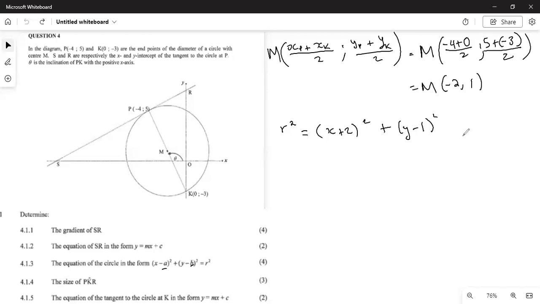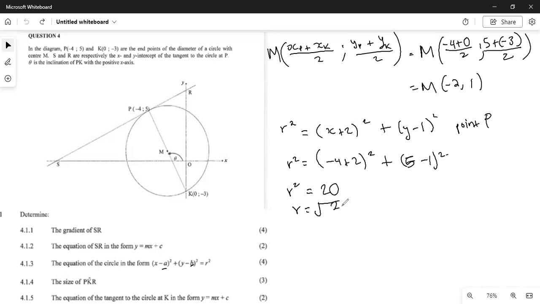Then we'll go ahead and substitute in the point P. So we have (-4 + 2)² plus (5 - 1)², and this would give us 20. So r² is equal to 20, and then r is equal to the square root of 20.